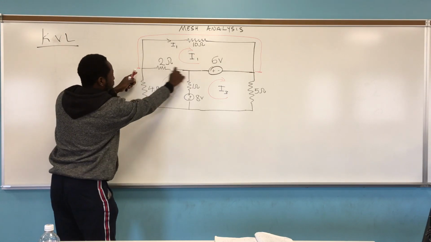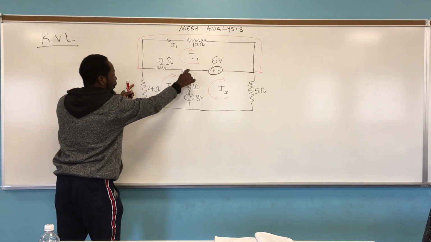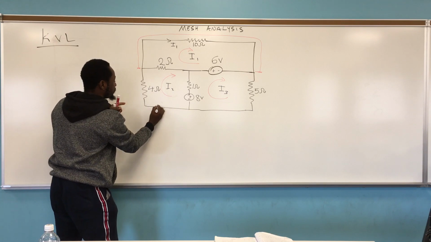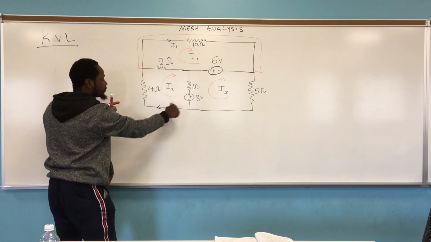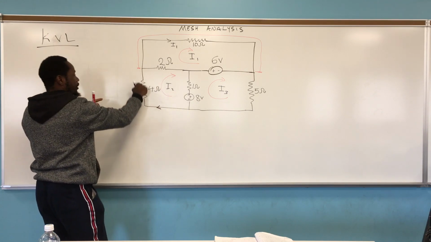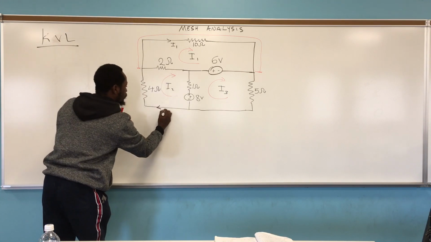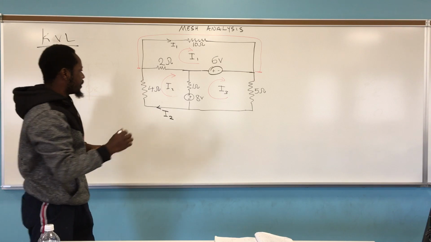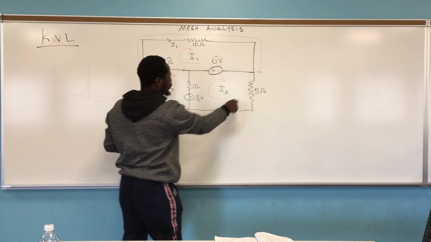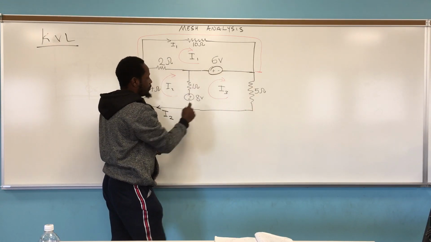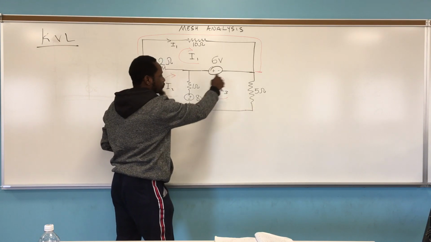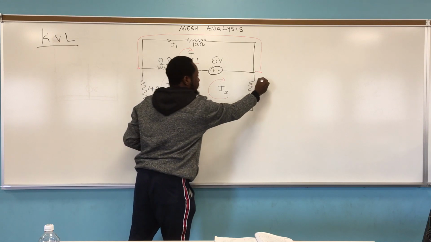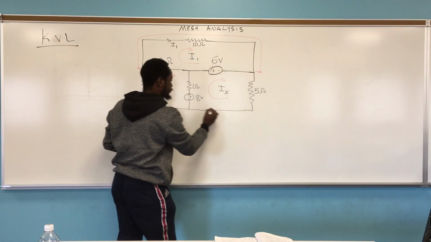Now, we have this second loop and we have this outer branch. It means the current in this outer branch is flowing like this, because this is the direction we chose, right? I2. Do we get it? And then the last loop is this one. It is flowing in the clockwise direction, and this is the outer branch, right?